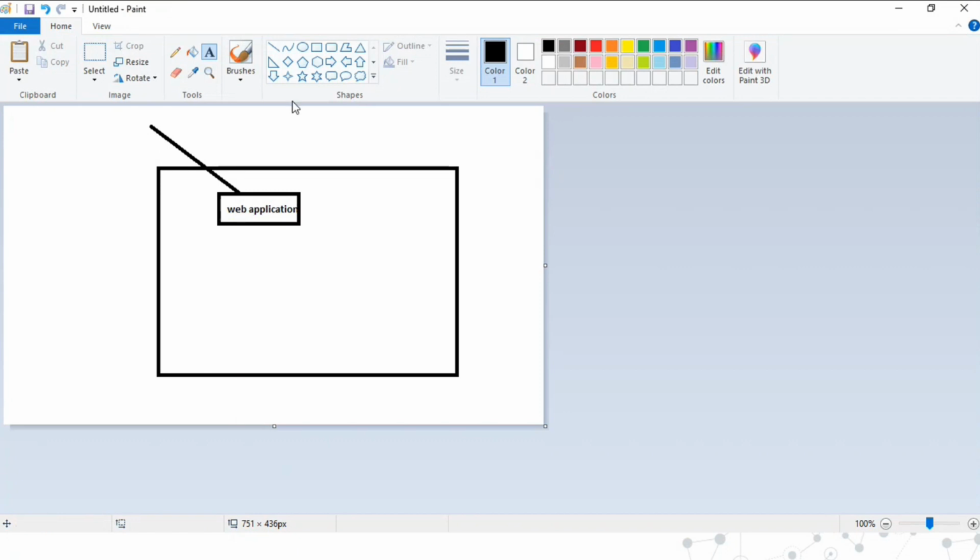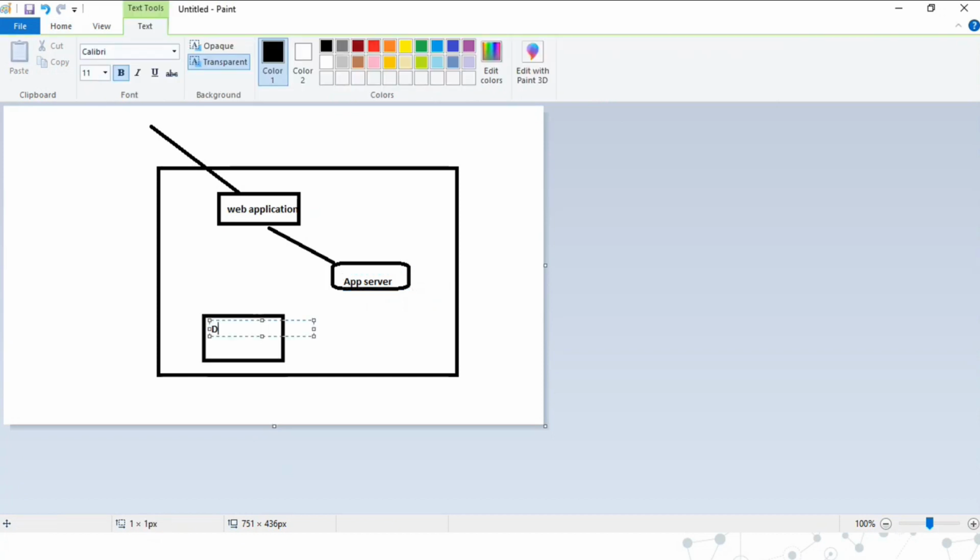There they enter all the details, but at the back end it comes to their app server. The app server sends the data to the database. This is the whole flow of your transaction.